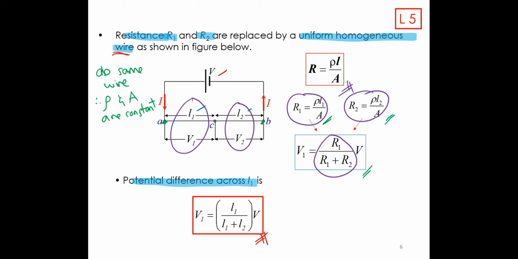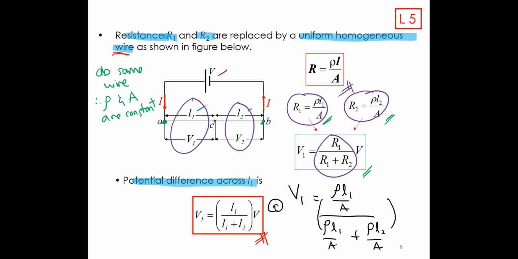To make it clear, I will derive it for you. V1 equals R1, which is rho L1 over A, over R1, which is rho L1 over A, plus rho L2 over A, times your V total.